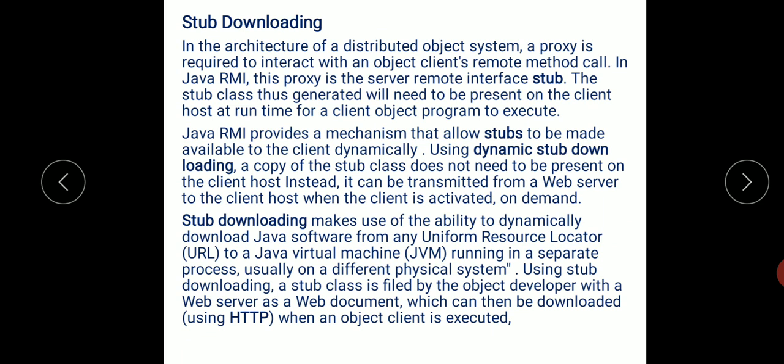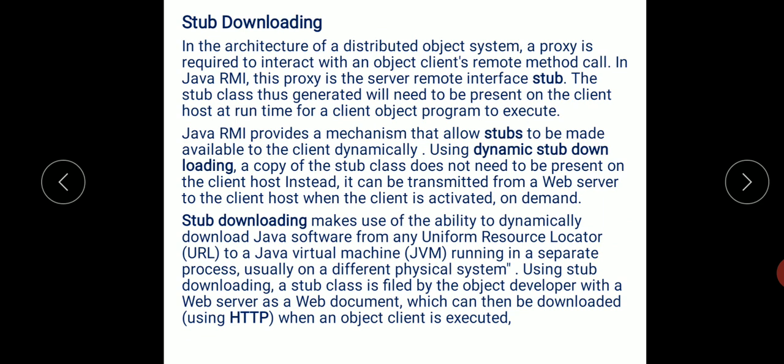The technique is called stub downloading. Stub downloading makes use of the ability to dynamically download Java software from any uniform resource locator, that is URL, to a Java virtual machine, JVM, running in a separate process, usually on a different physical system.